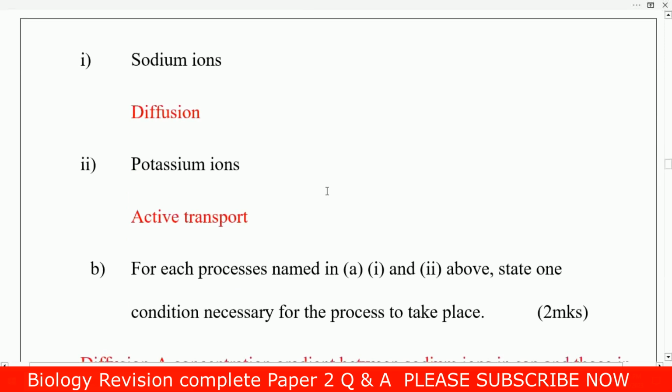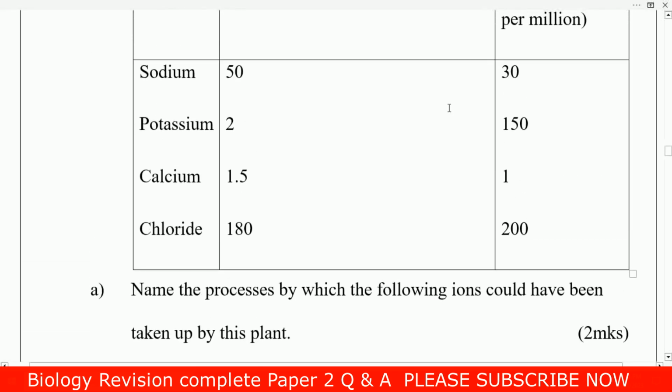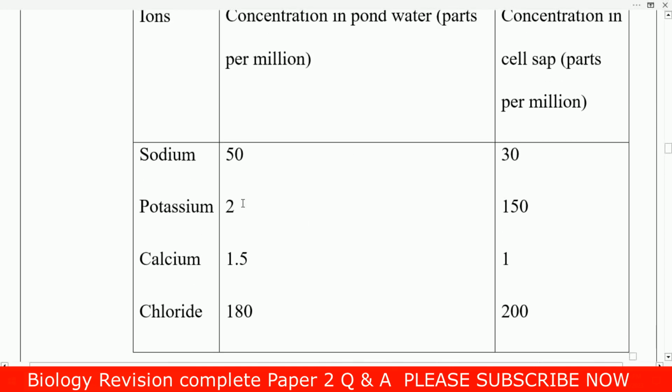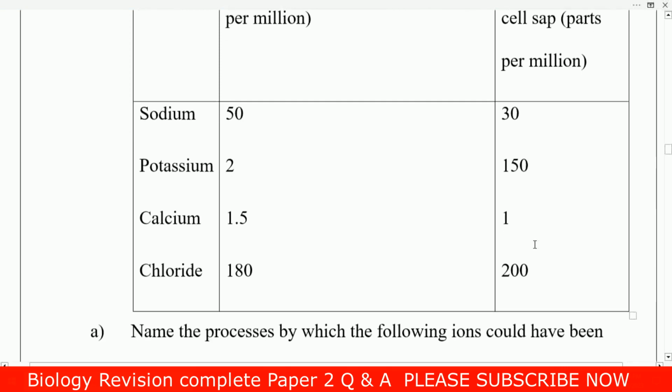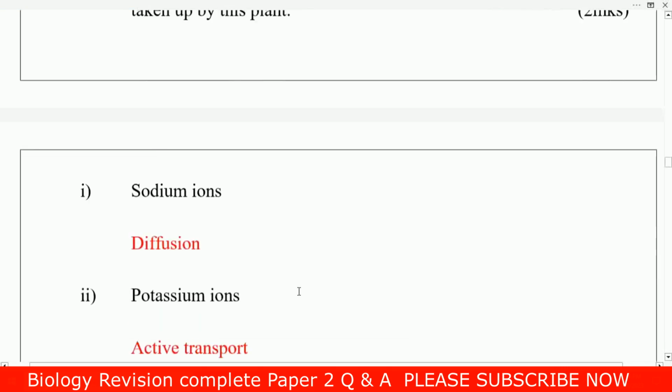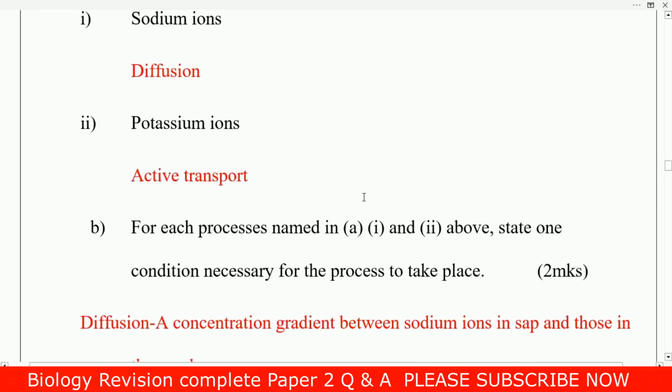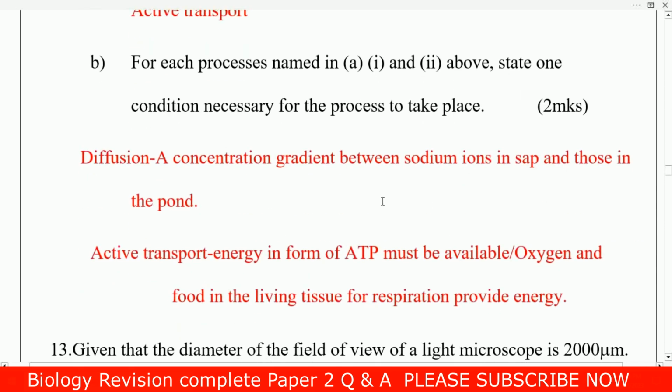What about potassium ions? Our plant took potassium ions. You can see the concentration in water is 2 and in the plant sap is 150. That process is active transport. Let's go to the next one. For each process named in A, Roman 1 and 2 above, state 1 condition necessary for the process to take place.